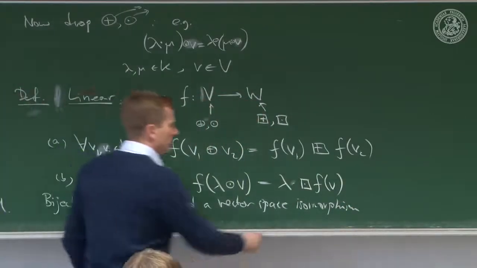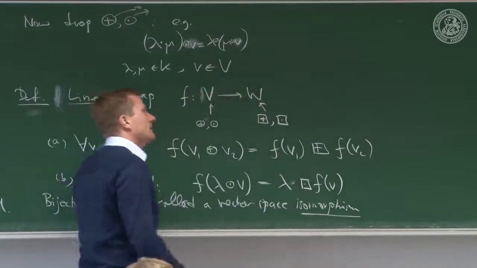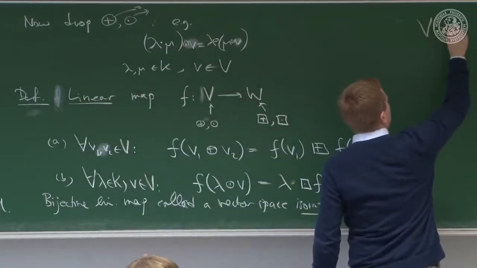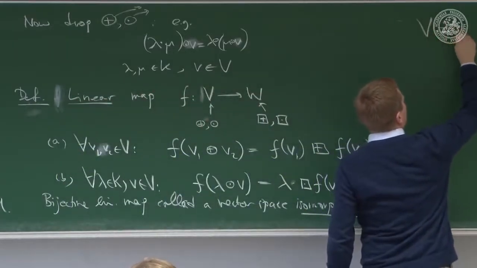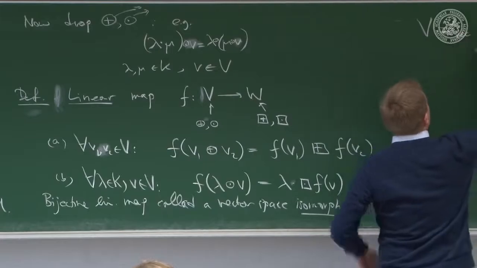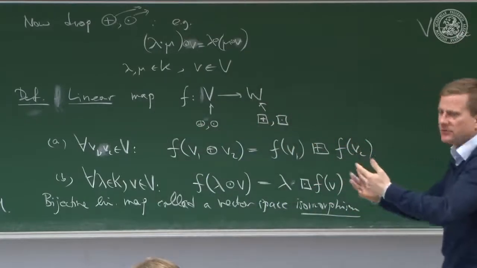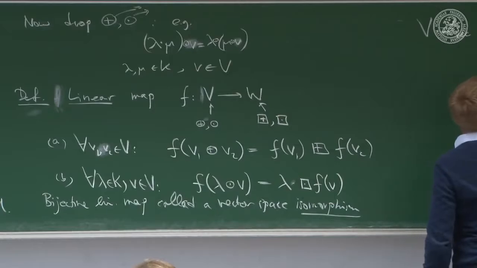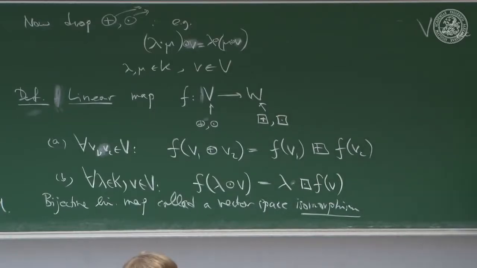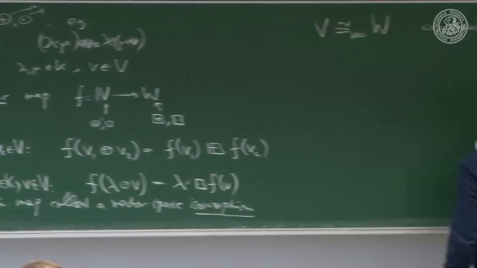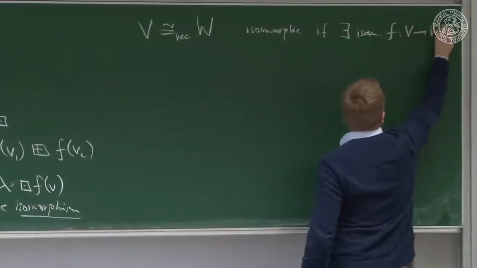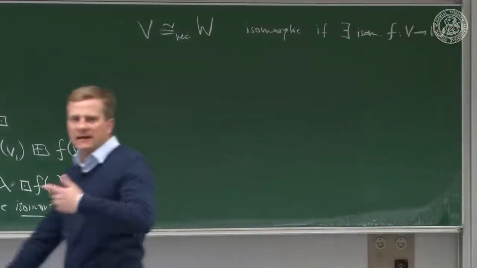And again, call vector spaces W and V, including the operations, but I again suppress this, isomorphic as vector spaces if there exists an isomorphism F from V to W, and so on.